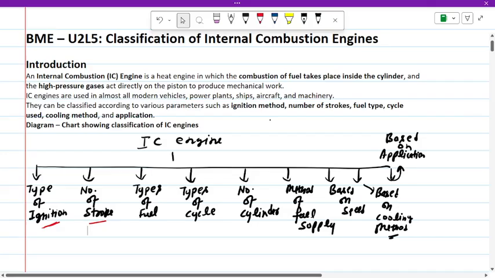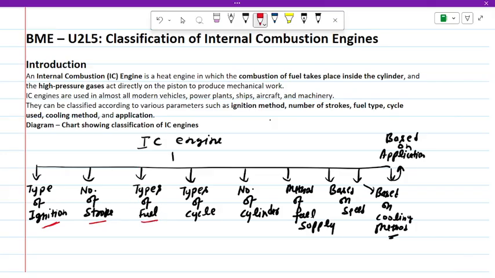Stroke means the movement of the piston from TDC to BDC, or we can say from the top to the bottom or left to the right. Then on the basis of fuels, what kind of fuels can be used. In the same way we can see the types of cycles, and then number of cylinders, that is the capacity of an engine.